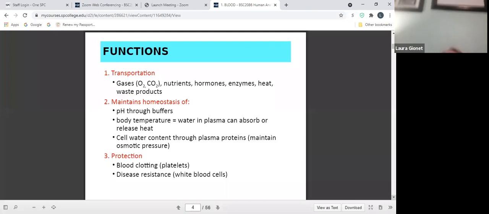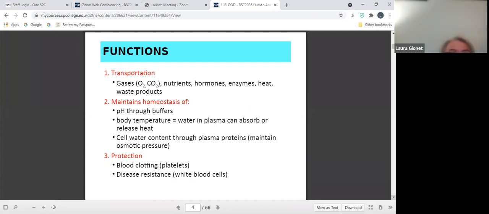And so we are transporting gases such as oxygen and carbon dioxide, nutrients that are being transported from where they're being absorbed in the stomach and the small intestine, to the liver and to skeletal muscle, hormones, which are chemical compounds produced by glands to target distant organs and their cells, enzymes. Water disperses heat really well, and different waste products. As a consequence of cellular metabolism, all those waste products have to be removed, and so it'll be transported in blood.